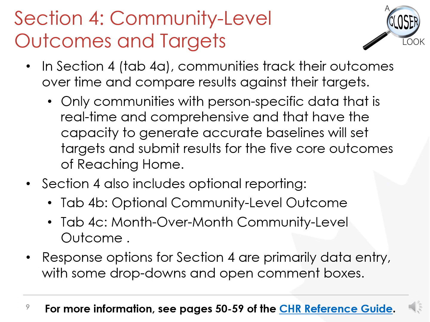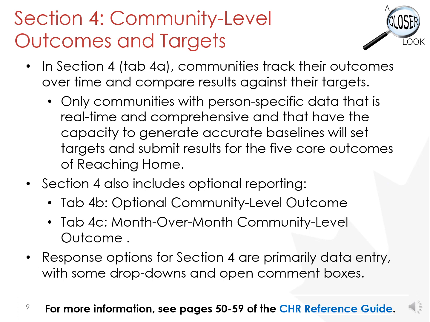Second, the month-over-month Community-Level Outcome tab, which is tab 4C within the CHR template and is new for this year, allows communities to report data for every month of the entire 2023-24 fiscal year, meaning from April 2023 to March 2024 for one or more of the 5 core outcomes mandated under Reaching Home.